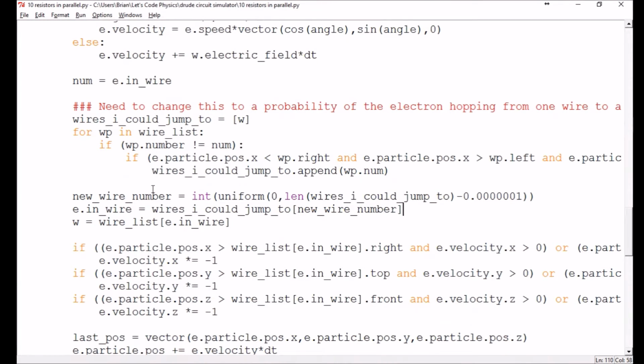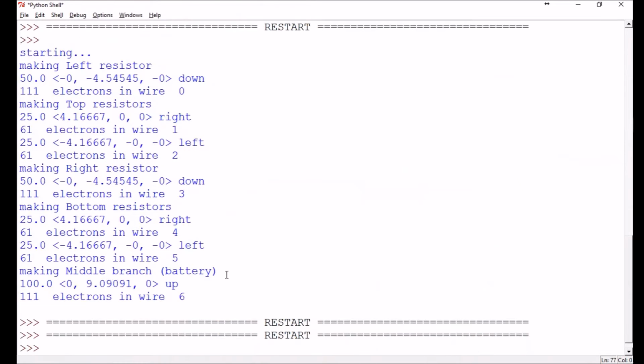So when I select a new wire number, it's now that number in that list. So my naming threw me off. New wire selection, so that wires I could jump to of new wire selection is the new number for us. Okay, let's try that again.